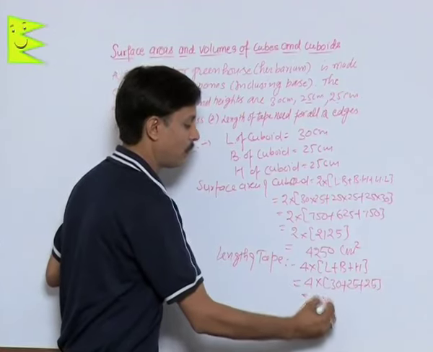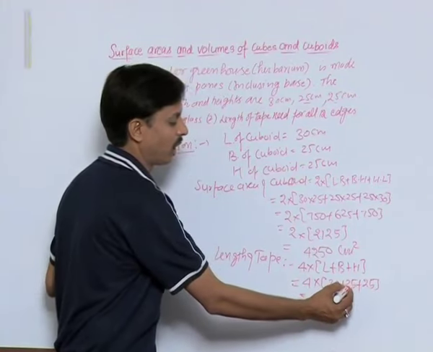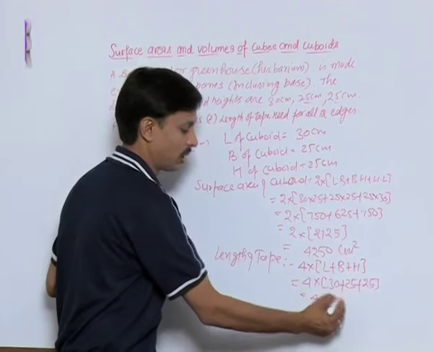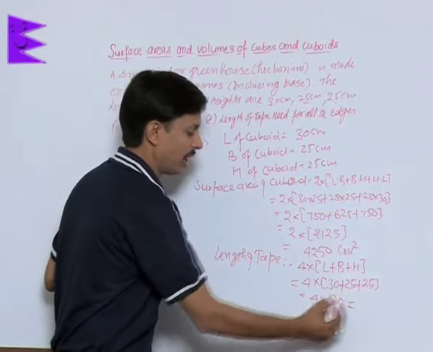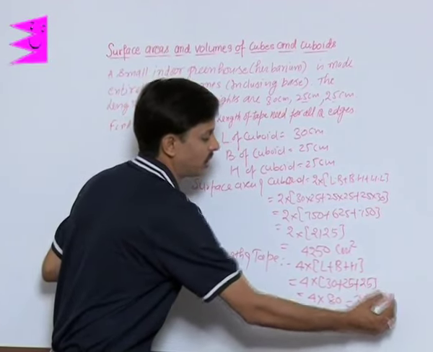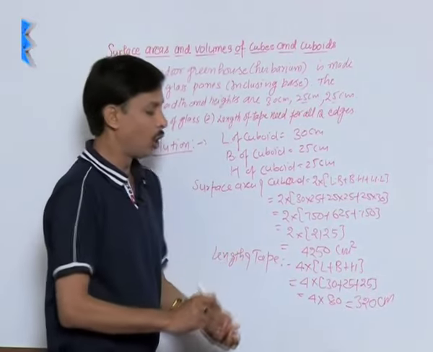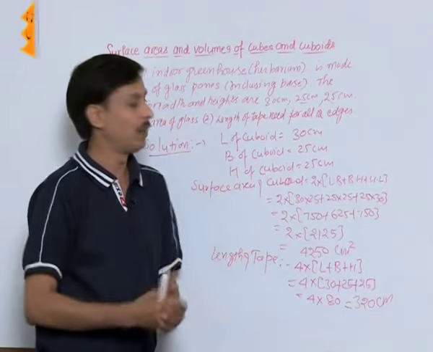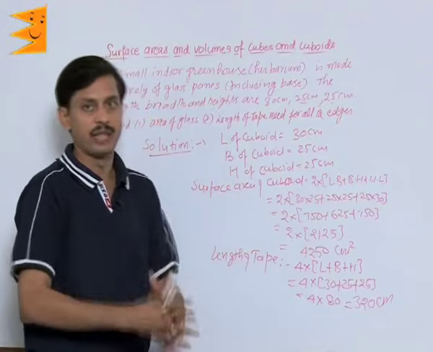So 25 plus 25 is 50, 50 plus 30 is 80. 80 into 4 becomes 320 centimeter. A 320 centimeter long tape is required to put on all the edges.